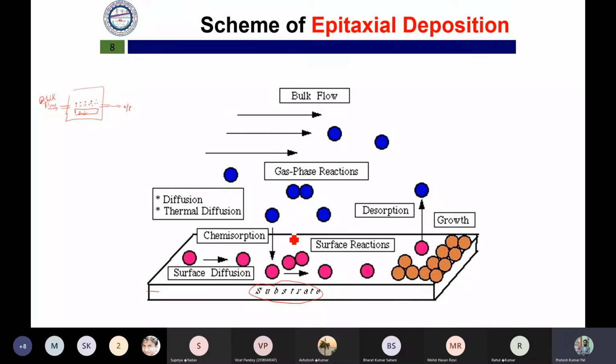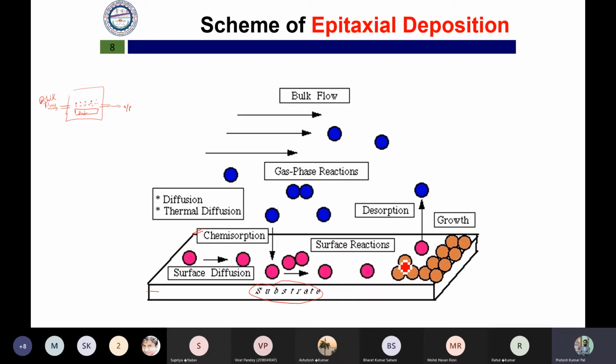This is the substrate surface. There will be some reactions, which can be chemical reactions. Different bulk atoms are there, and these are deposited onto the substrate. So this is deposition, and the deposition is considered as growth.